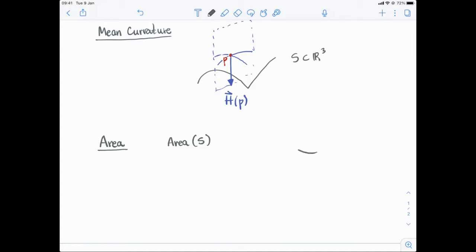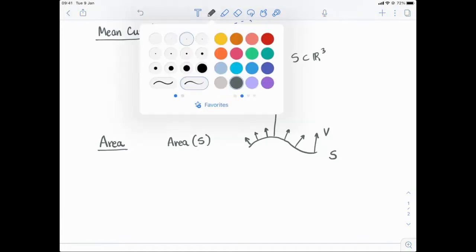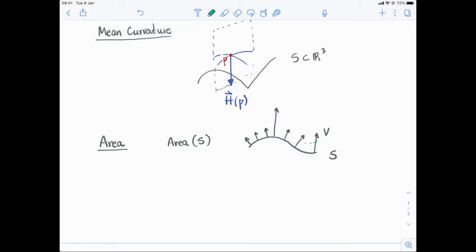If you have your surface S and some normal vector field V, perhaps bigger here, smaller here, and so on, you can perform variations of this surface in the direction of these vector fields, and then you can take the derivative of the area along these variations at time 0, and this will give you a number.